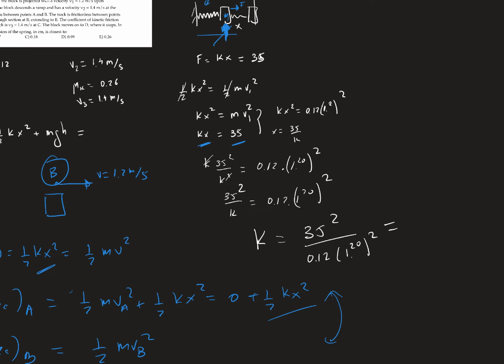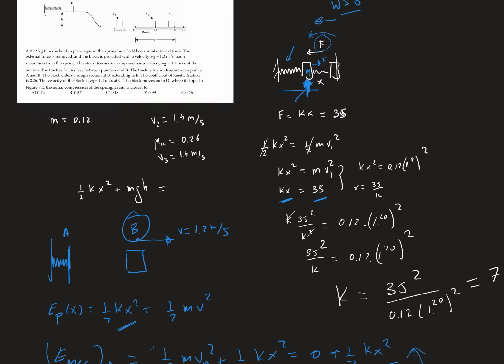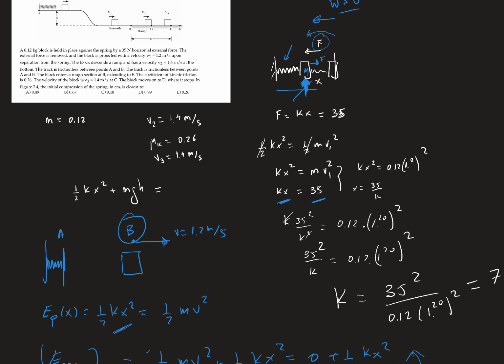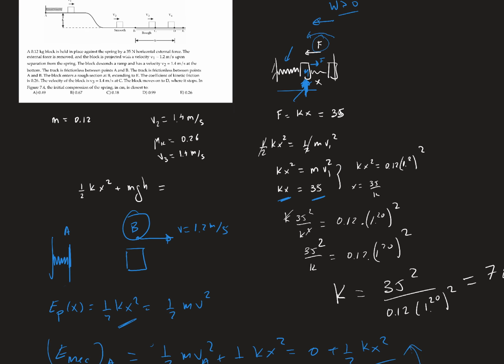Okay, so the answer is 7,089. 7,089 newtons per meter is the constant of the spring, and the problem is asking for the initial compression, right?